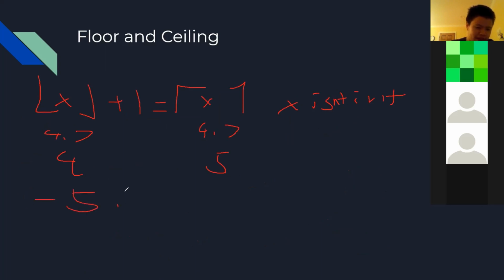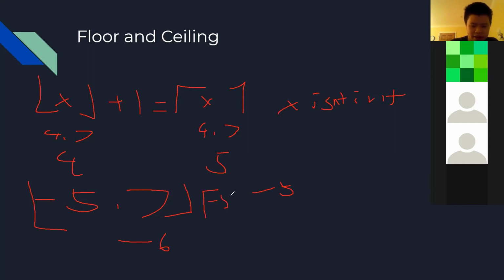Another thing I should address is negative numbers. So negative 5.7. First off, what's the floor of this? Well, -5 is not the floor. -5 is actually bigger than negative 5.7. So the floor is -6. It's easy to get tricked by, so just be careful.